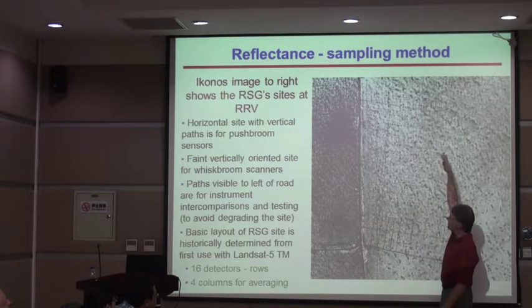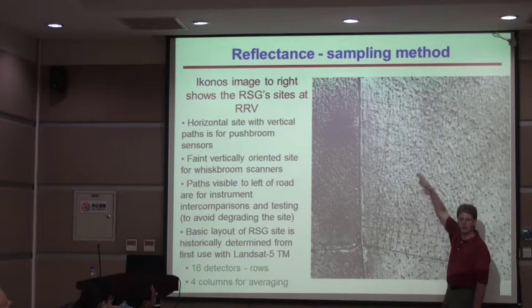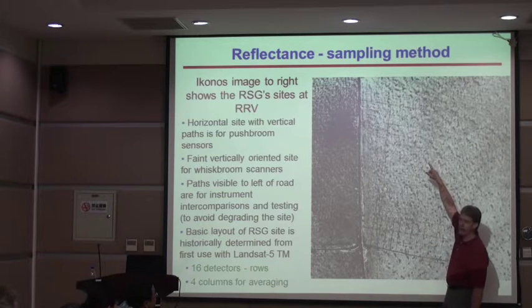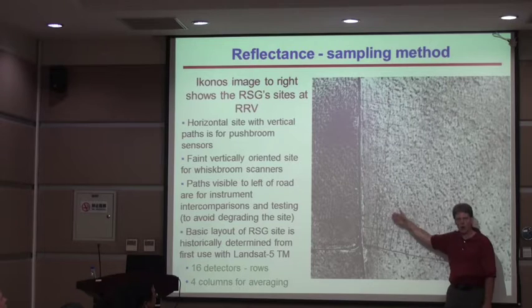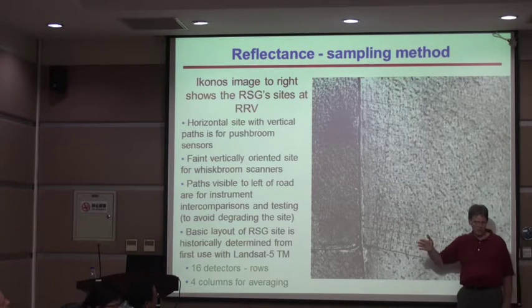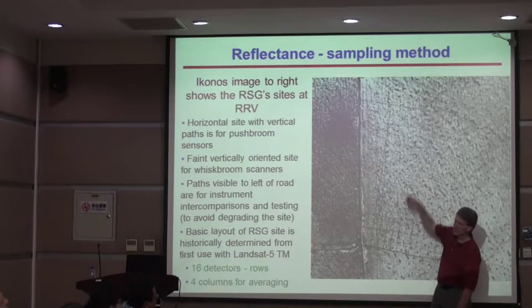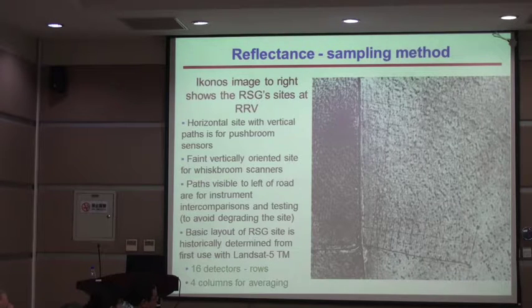And the size of that site is 16 Landsat detectors, so it's 480 meters long, and it's 4 detectors this way. So you get the 4 samples to try and get an idea of what's happening to that detector as you scan. And the 16 that way, the idea is you're sampling all the detectors on the system. That dates back to 1984.